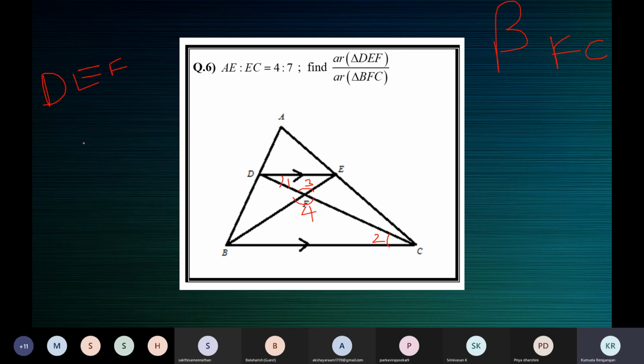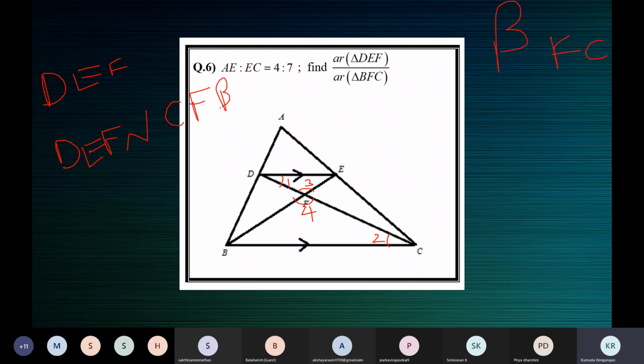So name the triangles in the correct order. DEF and CFB, ma'am. Similar. Correct. Now we have proved they're similar.